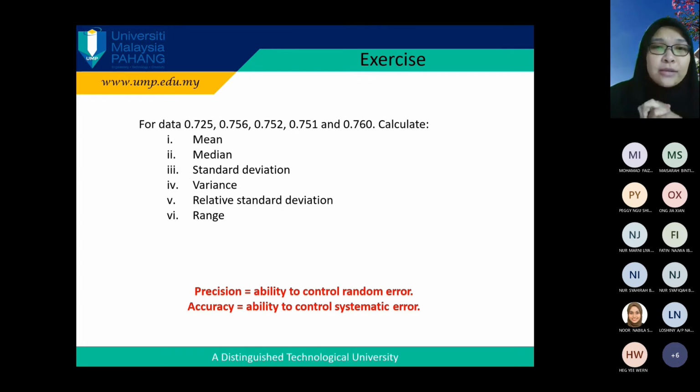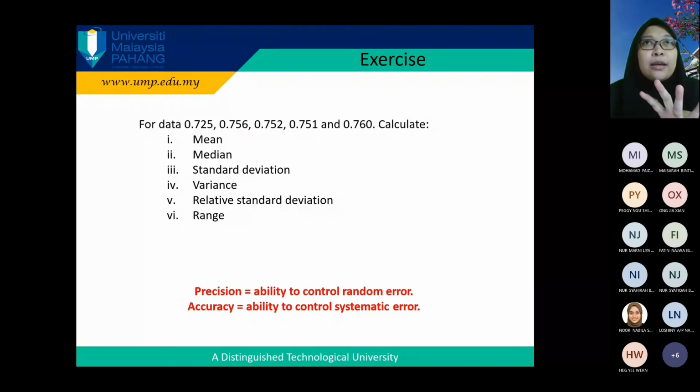So for exercise, saya rasa tak perlu buat lah. You boleh tekan je calculator. For data 0.725, 0.756 and so on, you need to calculate the mean, median, standard deviation, variance, relative standard deviation, and range. So the equation will be given in appendix for test, for a final exam.